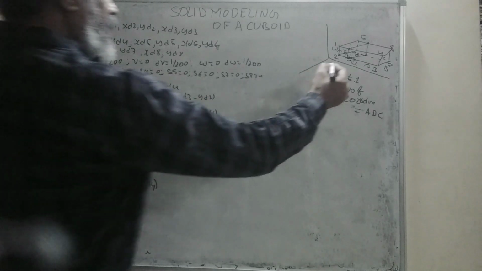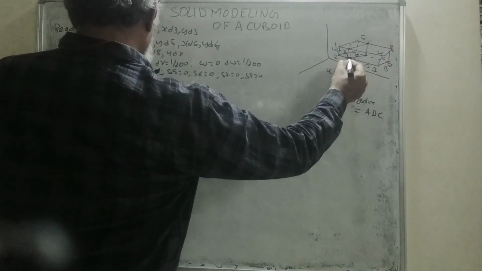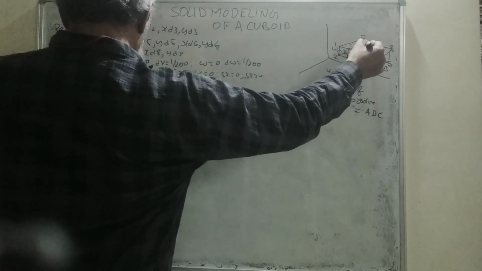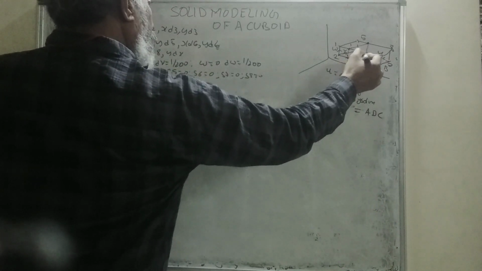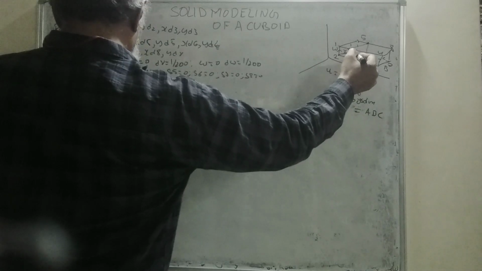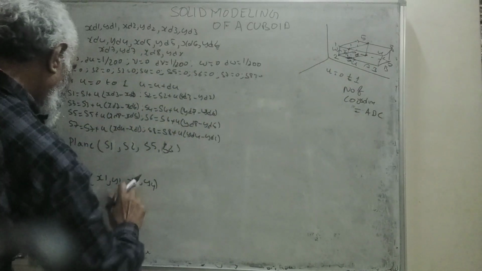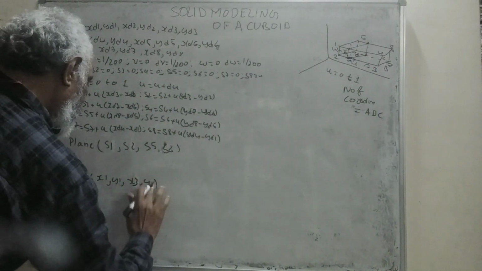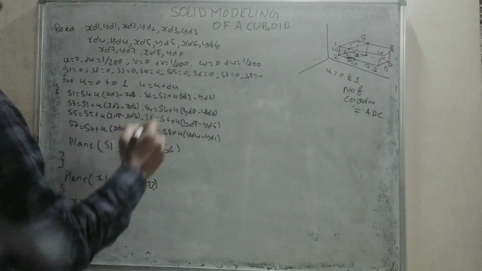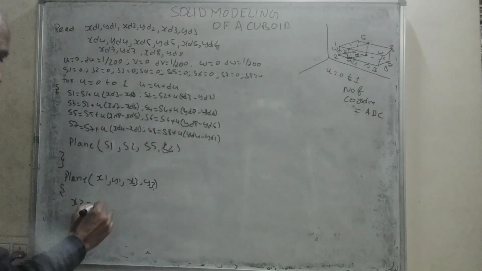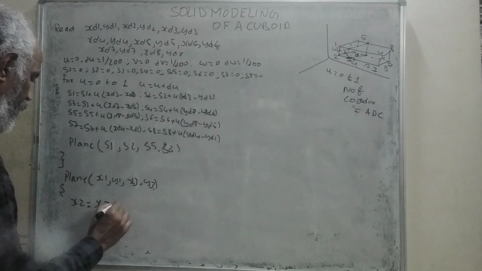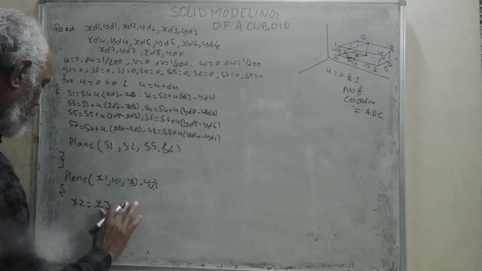This is, say, x1, y1, and this is x3, y3. So x2 is equal to x3 and y2 is equal to y1.